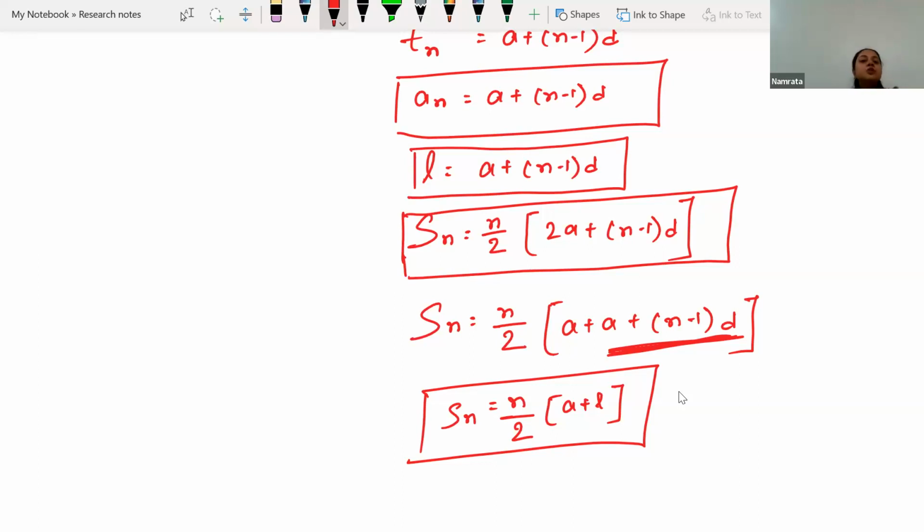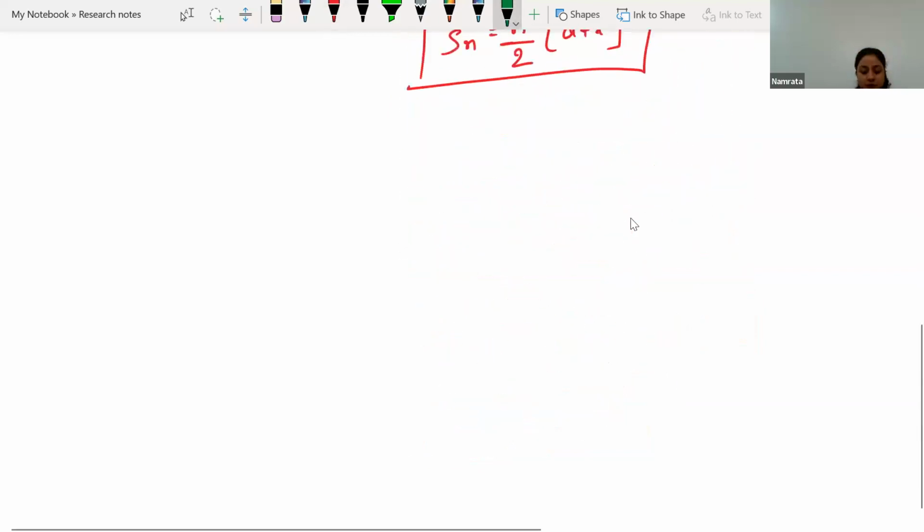You need to understand this first while doing sequence and series, then only we will be moving ahead with the geometric progression. Since this concept is known to you, the formulas and everything are already known to you, let's start with the question. Let me take a few questions from arithmetic progression. Just a second. Let me take out the question.